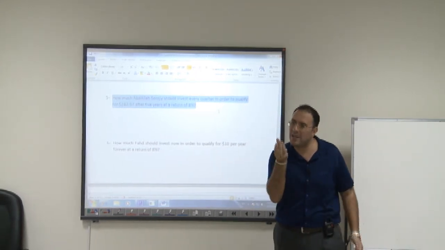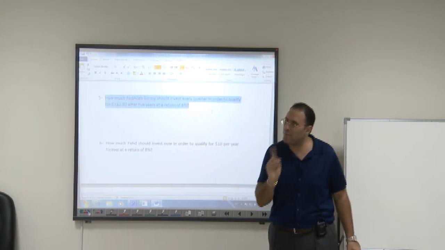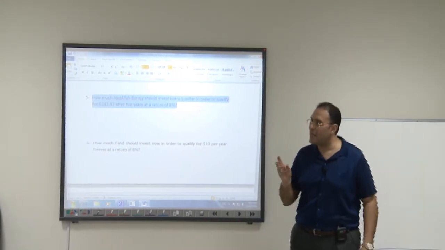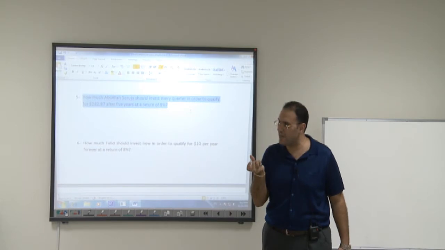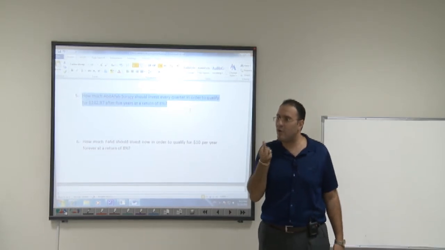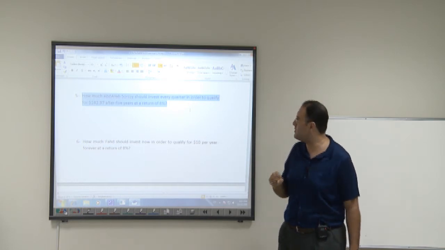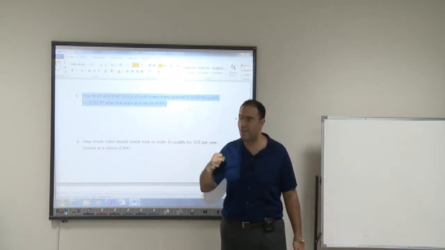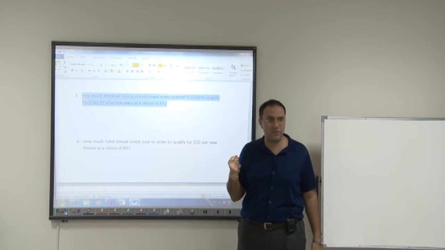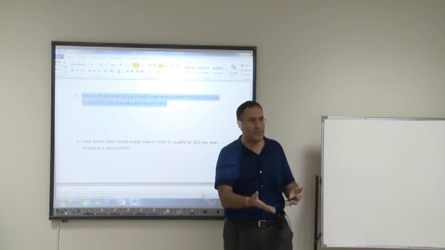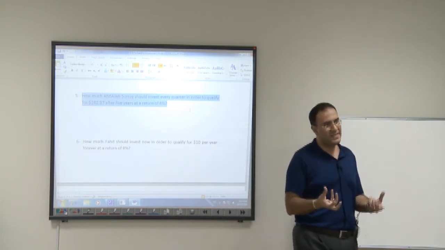I'm solving for the annuity amount. I'm not solving for P0. I'm not solving for F5. I'm solving for the annuity amount, given F5. Given F5, how much is the missing annuity amount?